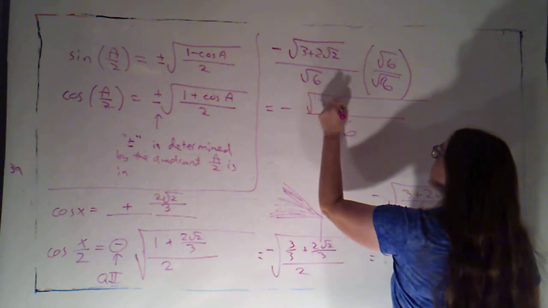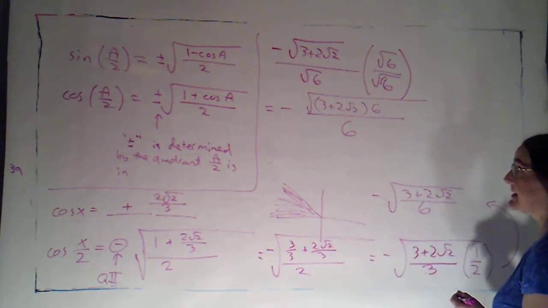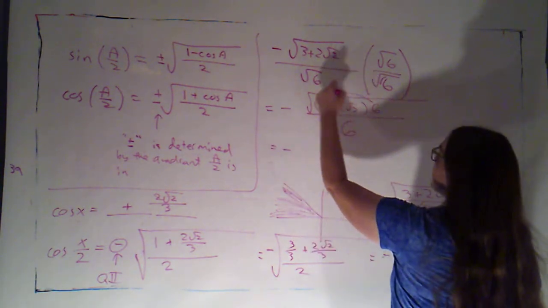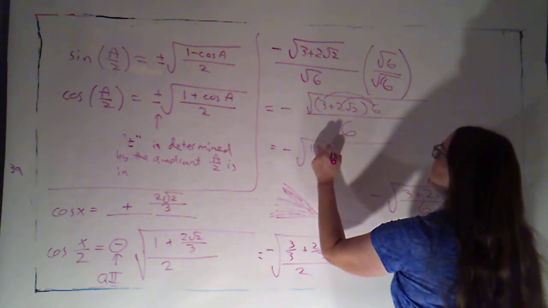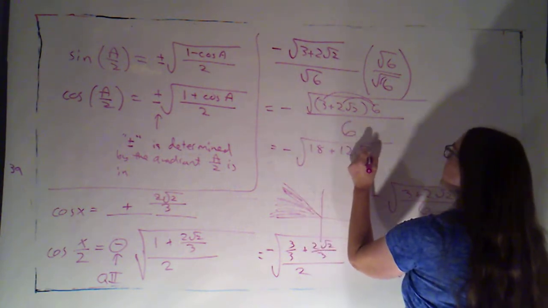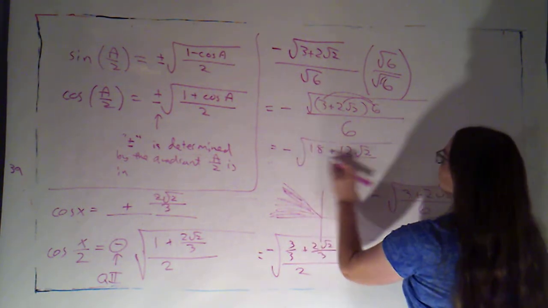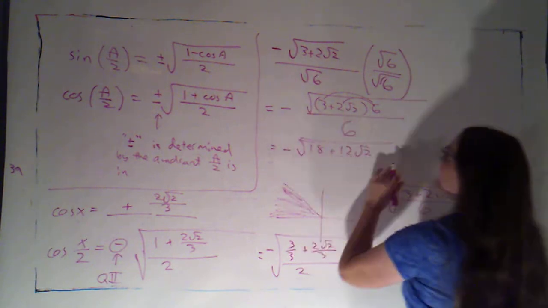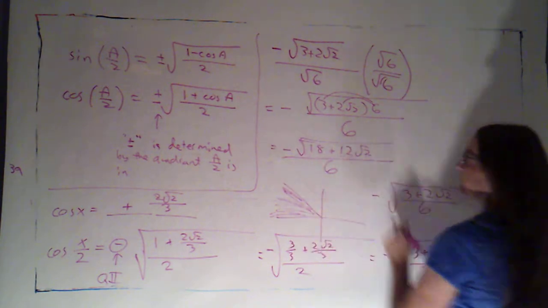We've got 3 plus 2 root 2 getting multiplied by 6, so I'm going to distribute the 6. That's the square root of 18 plus 12 root 2, all over 6.